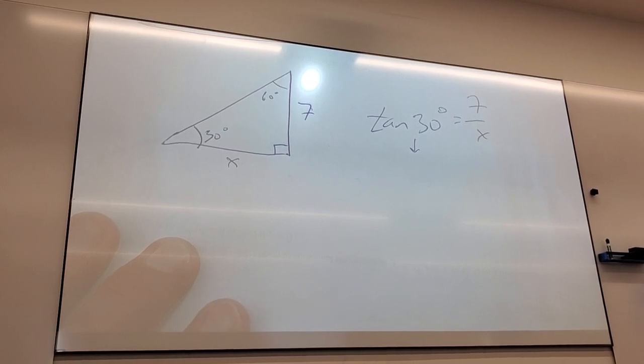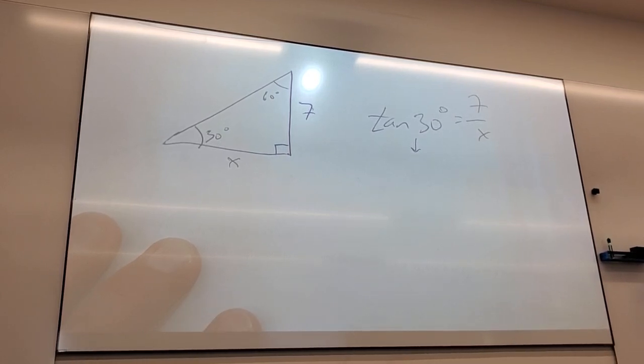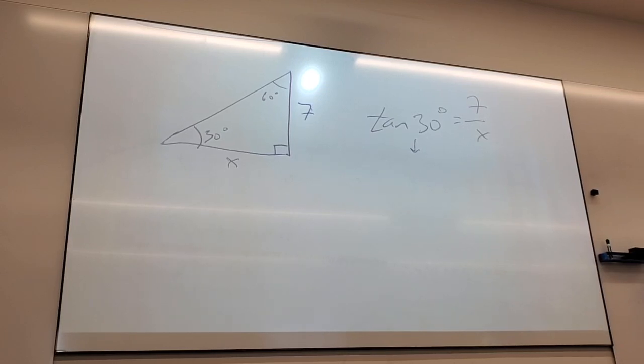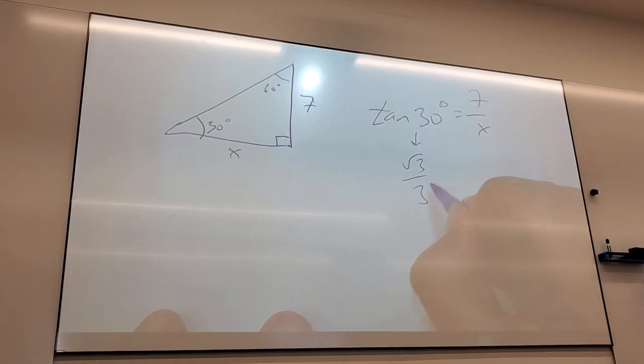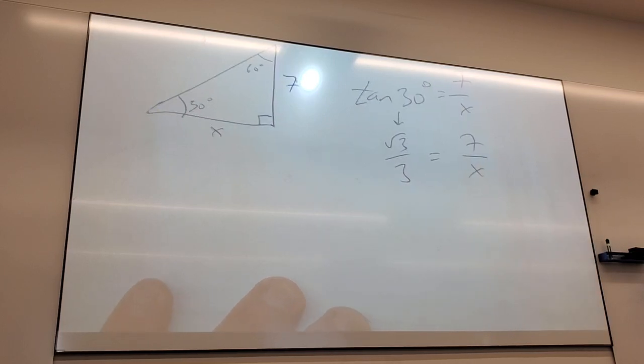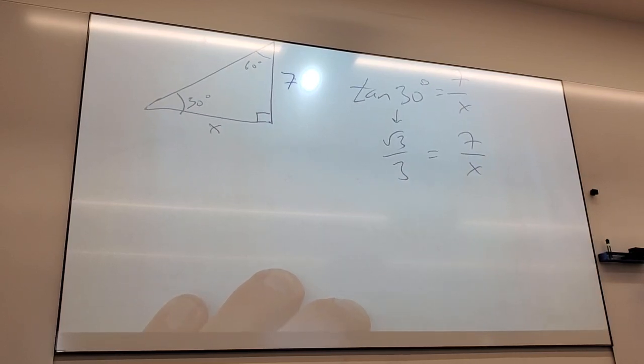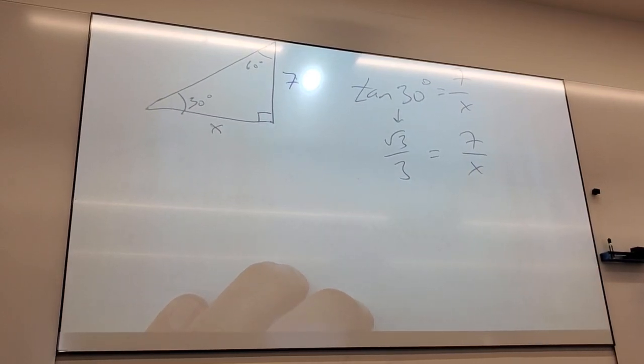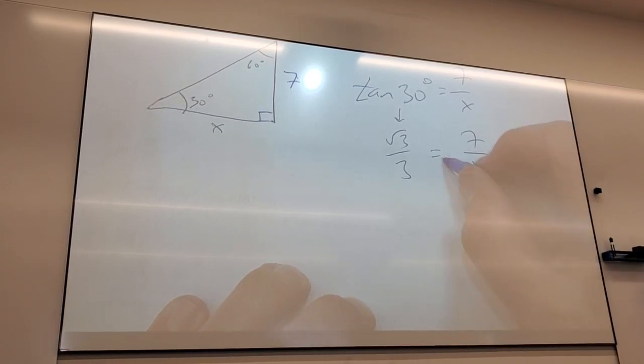You could break it down to sine and cosine, but let me see if anybody gets what I'm about to say. Tangent could be root 3, it could be 1, it could be root 3 over 3. When sine is big, tangent's big. When sine is small, tangent's small. 30 degrees, sine is small. So this is going to be root 3 over 3. And now how do you solve that? 7 times 3. Yeah, cross multiply.